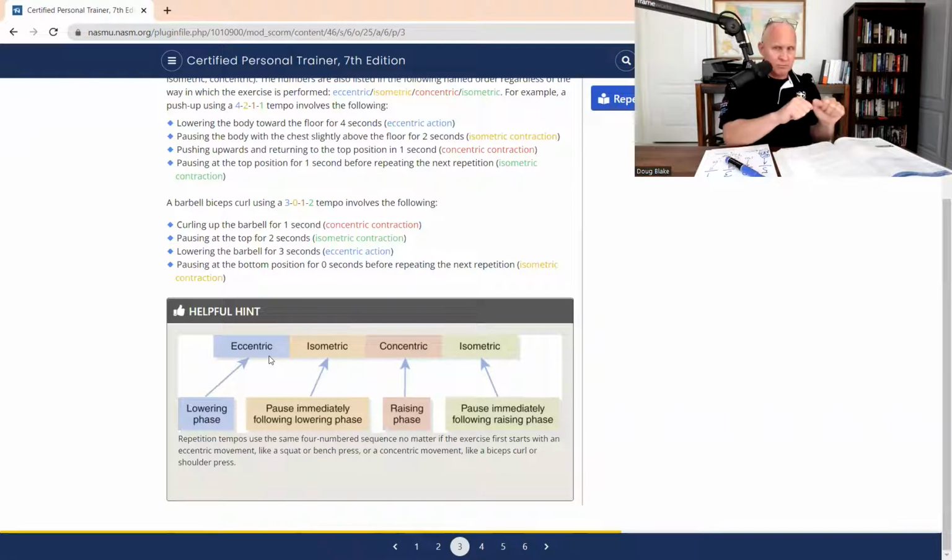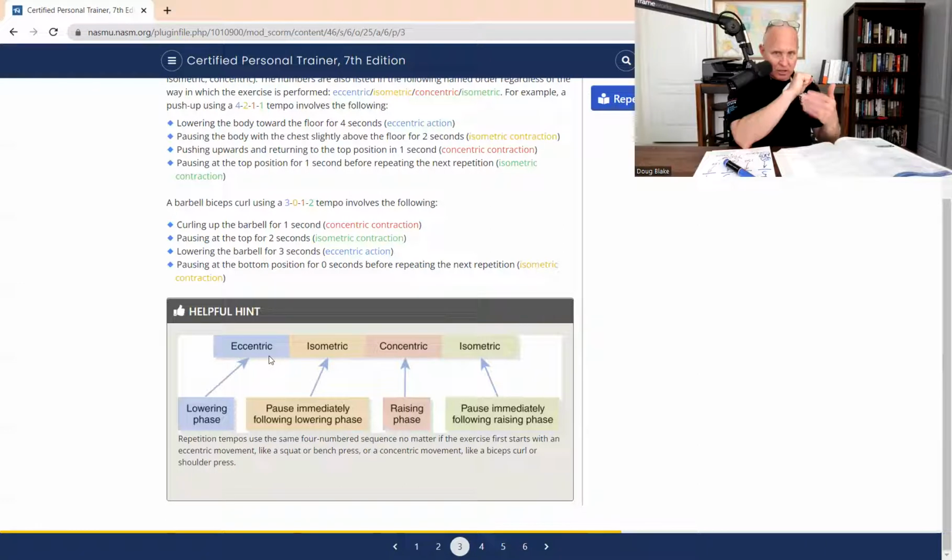You know what I'm talking about, pushdowns. I start up here. Okay, now the initial movement is going to be what? If I'm doing tricep pushdowns, the tricep is the agonist. That's the primary muscle I'm working. My elbows are bent and I'm about to push the weight down. What part of the exercise would be me pushing down?